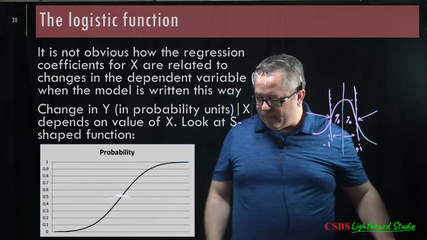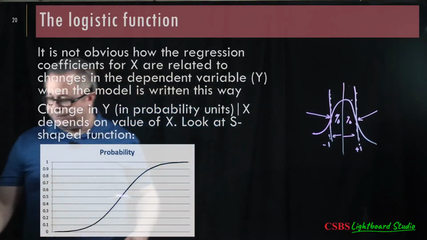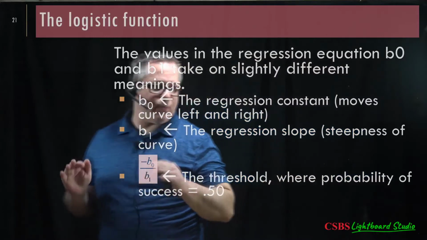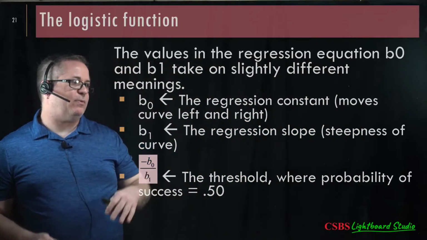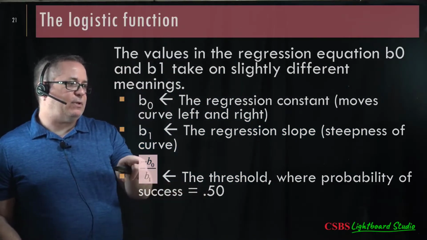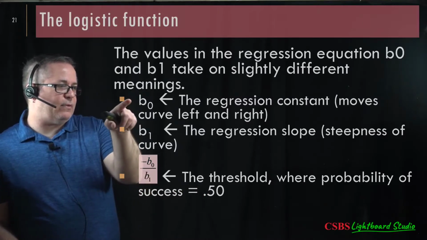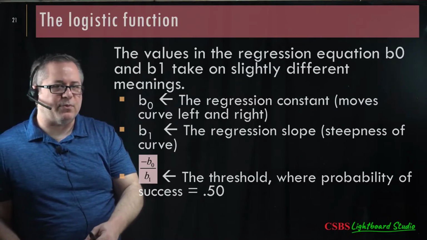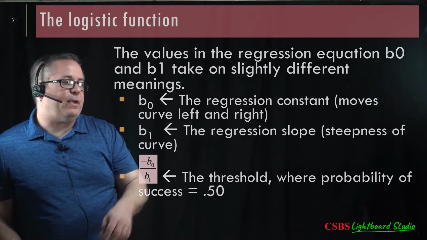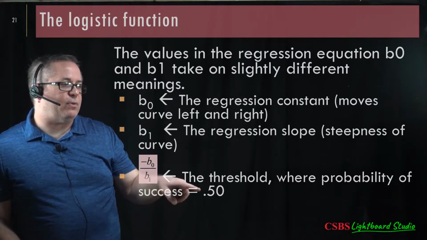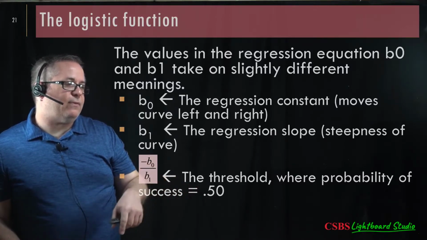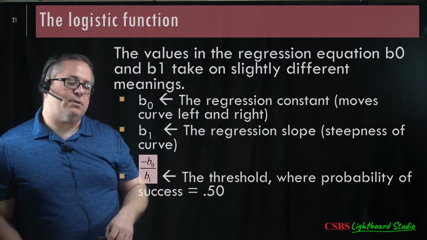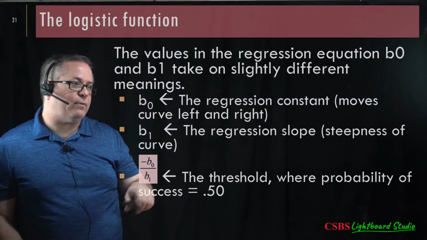How do we know what value falls at the inflection point? The threshold value, or probability of success, equals 0.5. If I take the negative of the intercept, B0, over the slope value, B1, and this is only if there's one predictor, and you divide those, you can get a threshold value, which tells you the x value that corresponds to exactly 0.5 probability of answering yes.